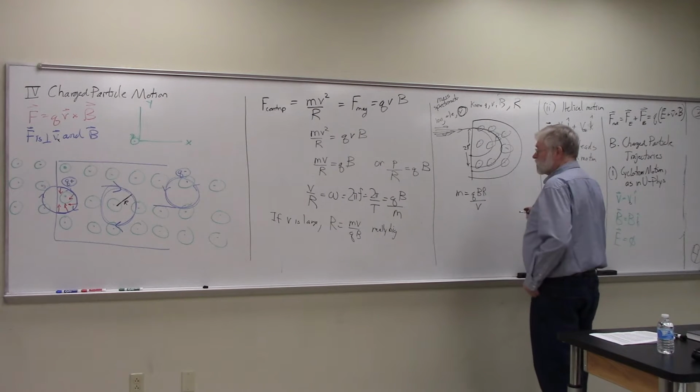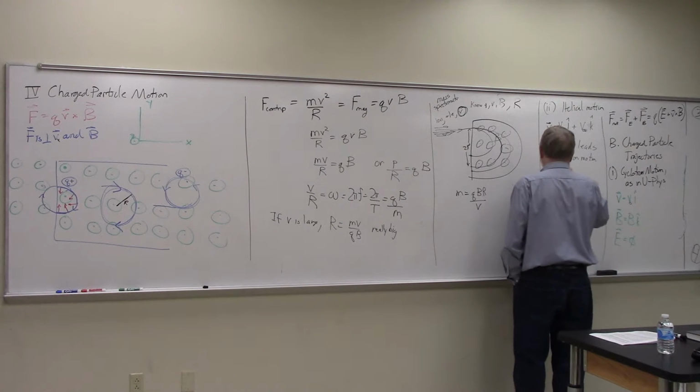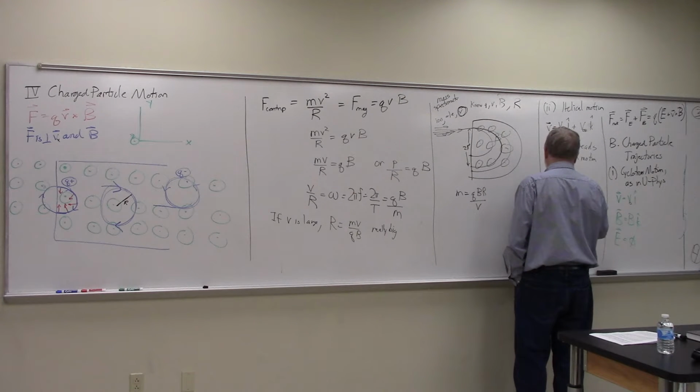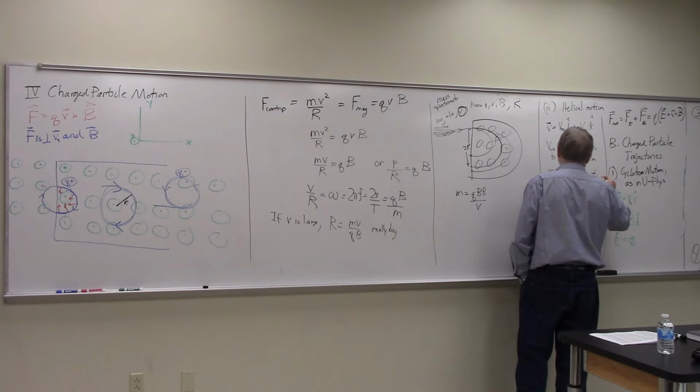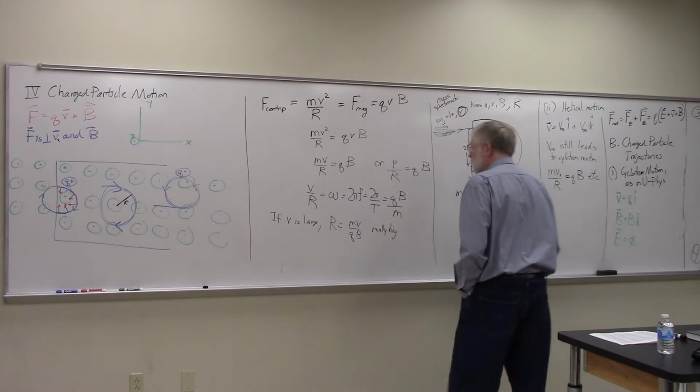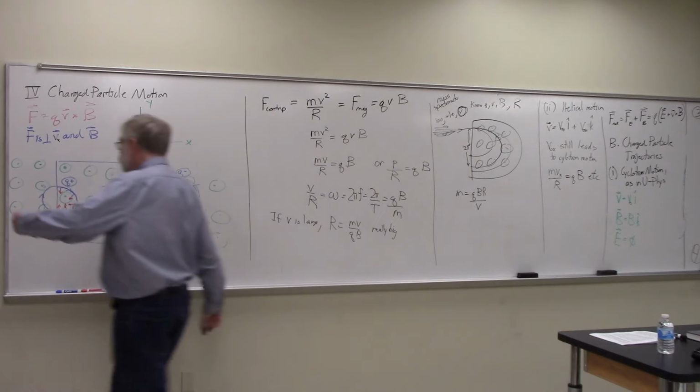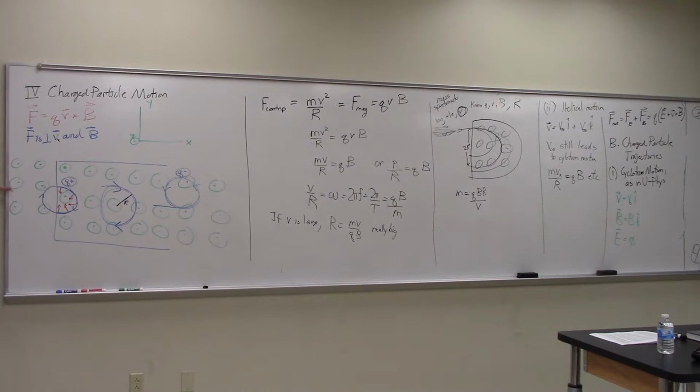We just have to change everything to say something like mVx over r equals qB. Well, what does that V0z do? That means that this particle, instead of coming in straight, has a z component, so my particle's headed off that way. Still, once it reaches here, it hits this field and it's going to start to spin a certain direction.